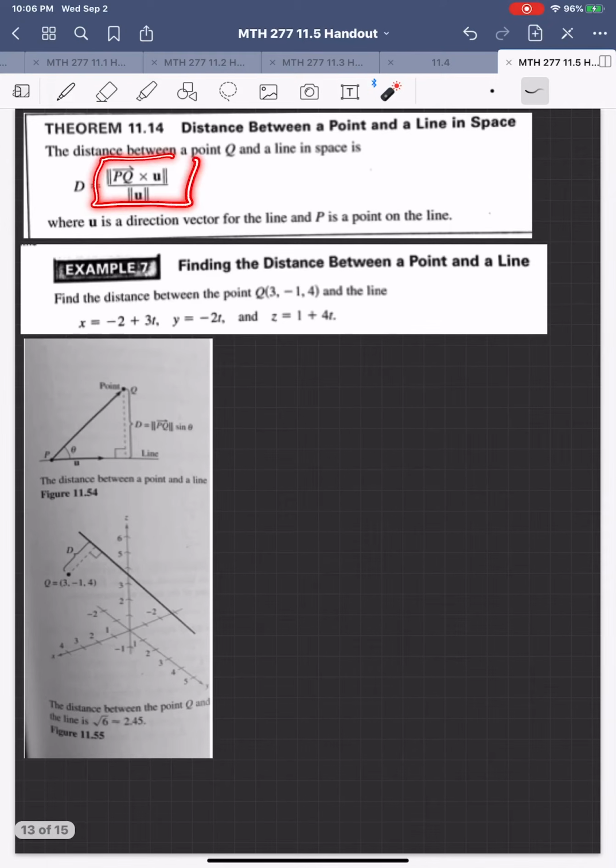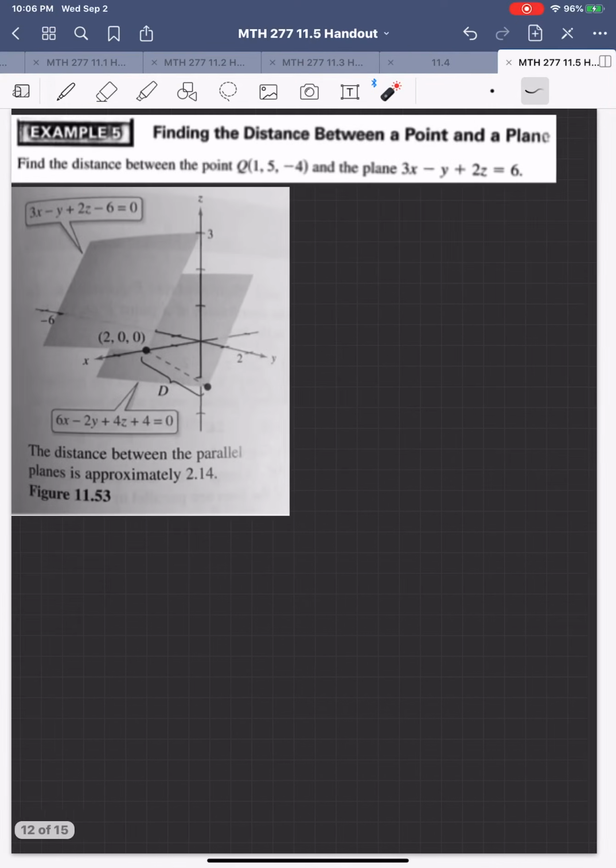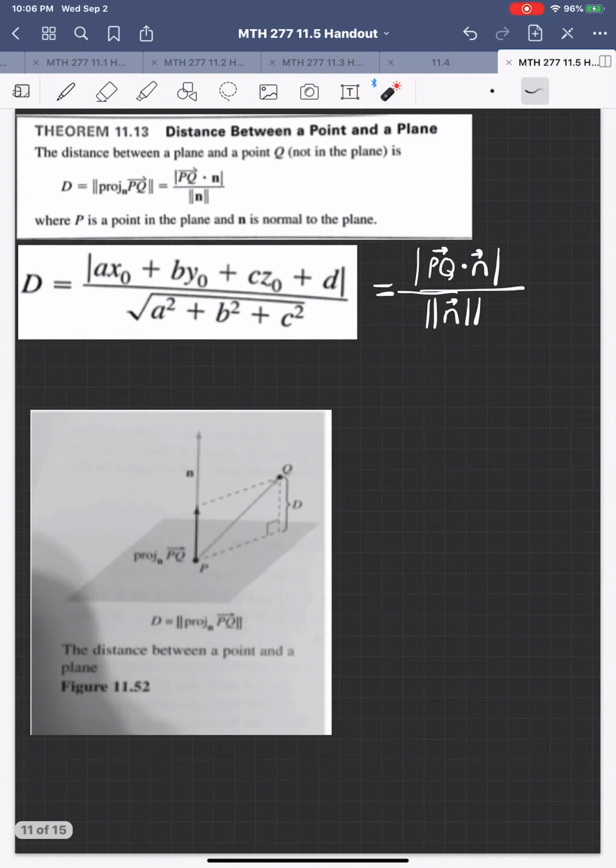Here's the formula for the distance between a point and a line. This is the way you would think about the distance formula, the distance from point to line, point to plane. And the main difference here is one makes use of a dot product, one makes use of a cross product.